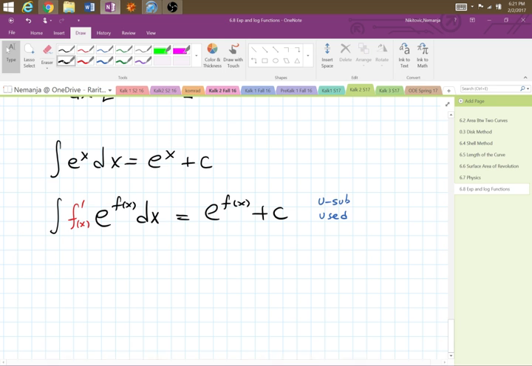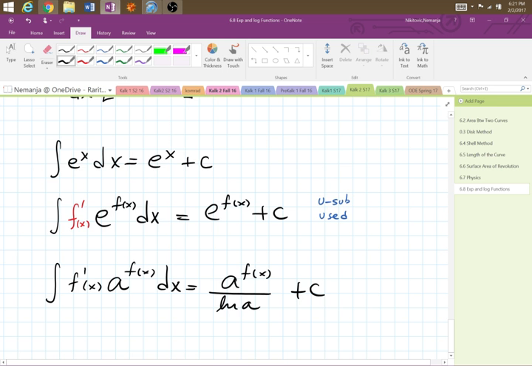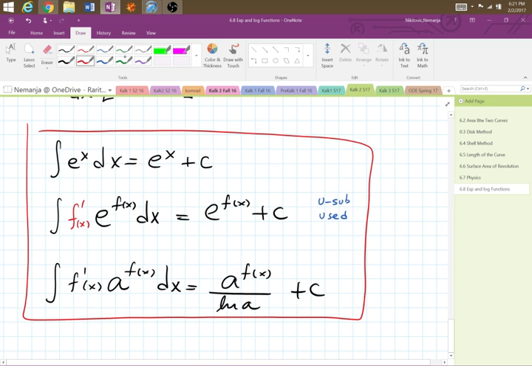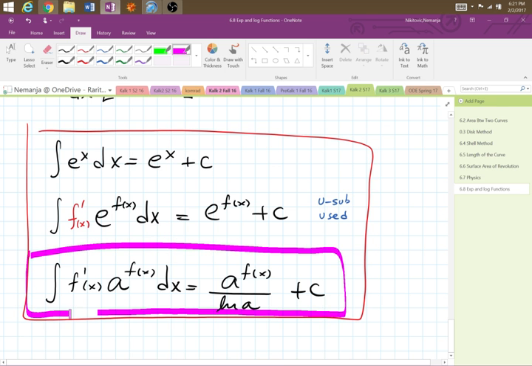Do we have this for any base? Sure. Everyone happy?